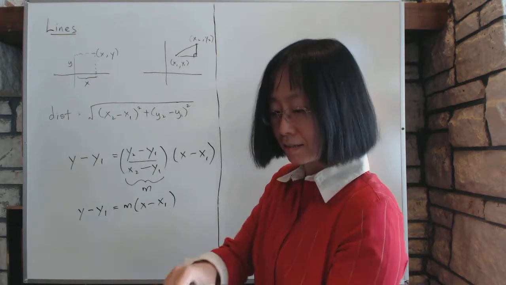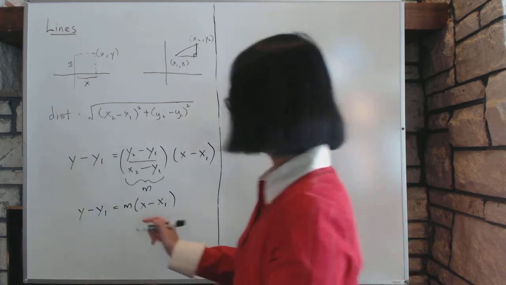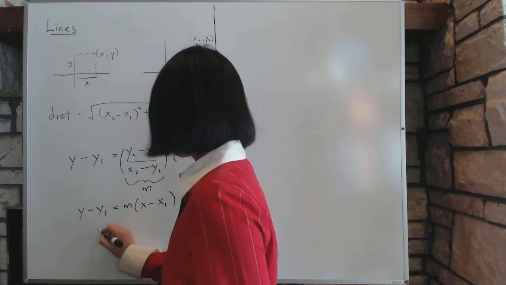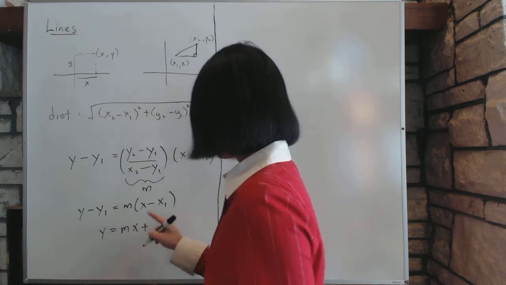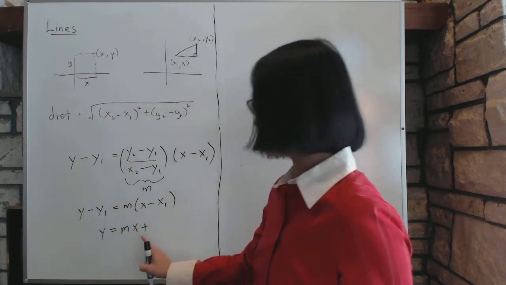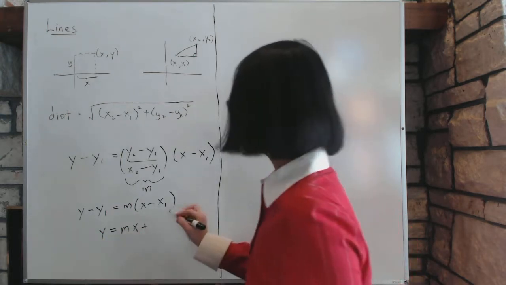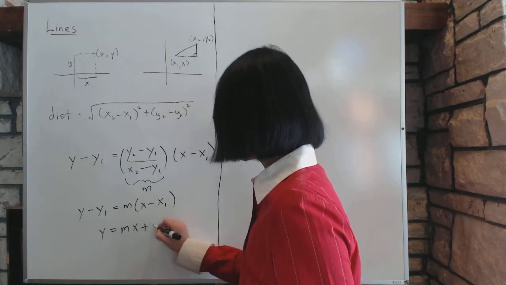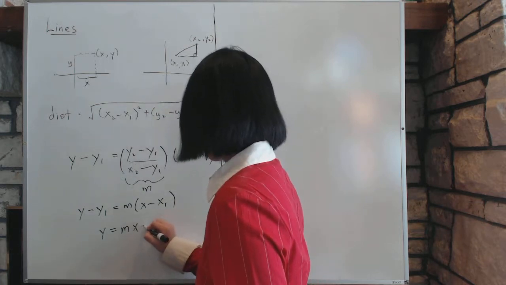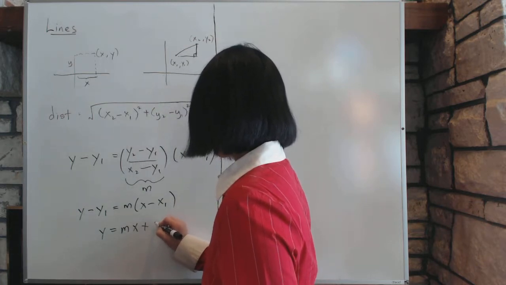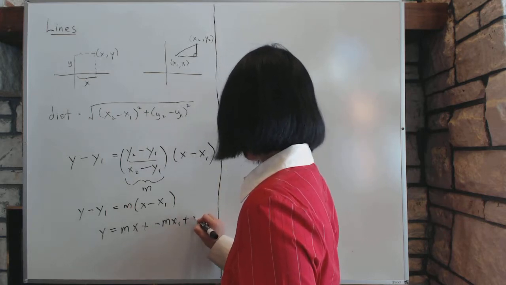The next thing is this equation can be further simplified so that you can write it as y equals mx plus a bunch of other stuff. What is the bunch of other stuff? Remember that x and y are the only variables here. Everything else is constants. So you multiply this out: minus mx1 plus y1.